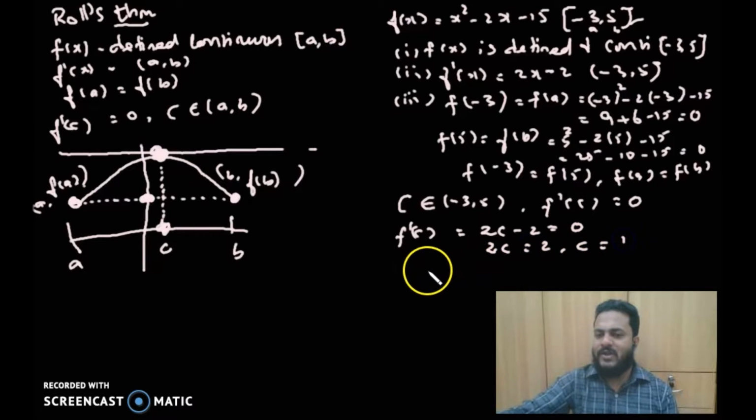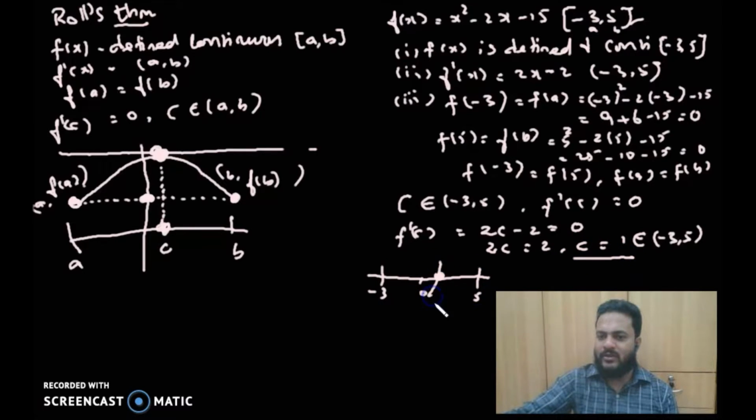Now let us check whether c equal to 1 belongs to the given interval minus 3 comma 5. Yes. Consider your line: it is minus 3 here, 0 here and 5 here. c is equal to 1, so 1 will be at this place. It is in our interval minus 3 comma 5, and hence Rolle's theorem has been verified.